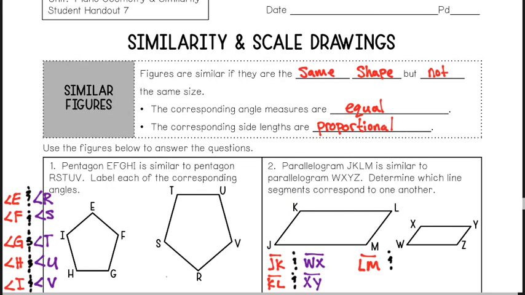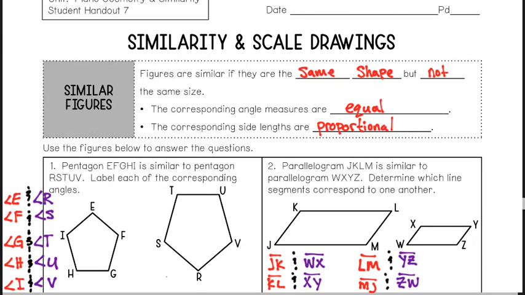The next one in line would be LM, so I have line segment LM. That corresponds with the line segment YZ. And so I go ahead and do that, and I write it out. So I'd say the line segment LM and line segment YZ, which last but not least leaves us with MJ line segment and the ZW line segment that correspond with one another.